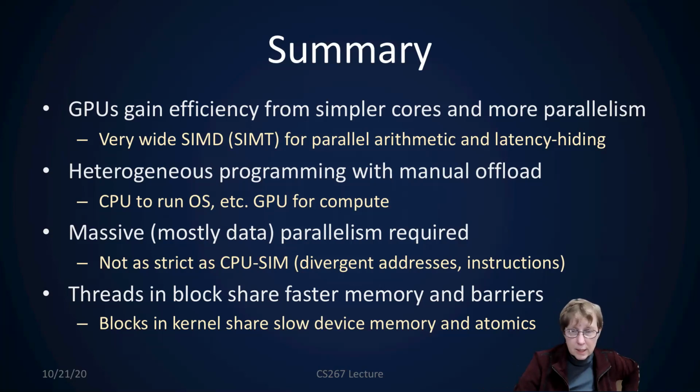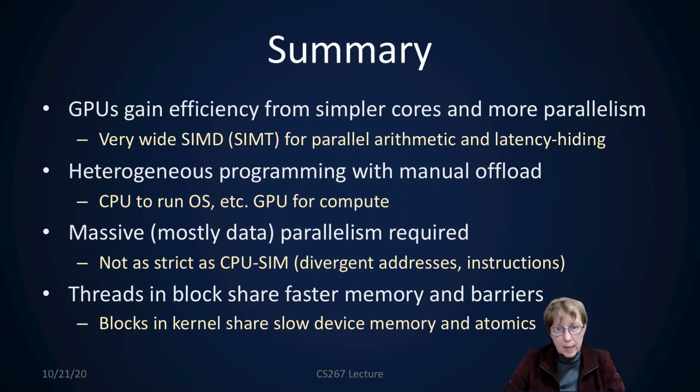And this is heterogeneous programming. You have to manually copy the data back and forth. Things like opening files, things like running the operating system are going to happen on the CPU, and the compute intensive stuff hopefully all happens on the GPU. Massive parallelism is required to get good performance out of these. Mostly that's going to be what I'll call data parallelism, that is, doing the same thing on lots of elements of an array, for example, or some other data structure.